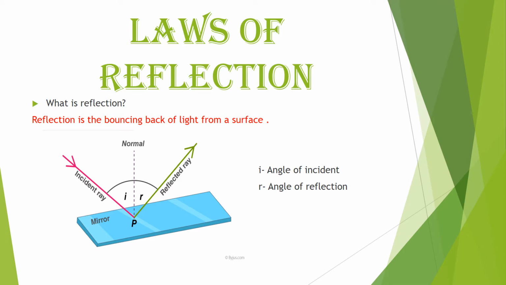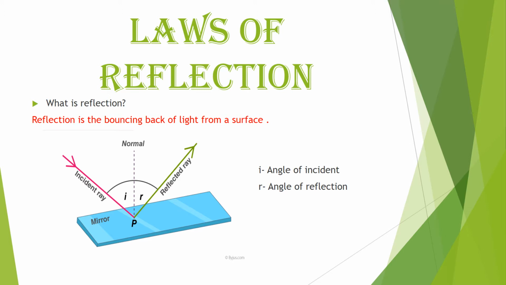Look at the picture very carefully. In that picture, you can see a mirror. The light from the object travels towards the mirror. This ray of light is known as the incident ray. The pink color ray shows you the incident ray.